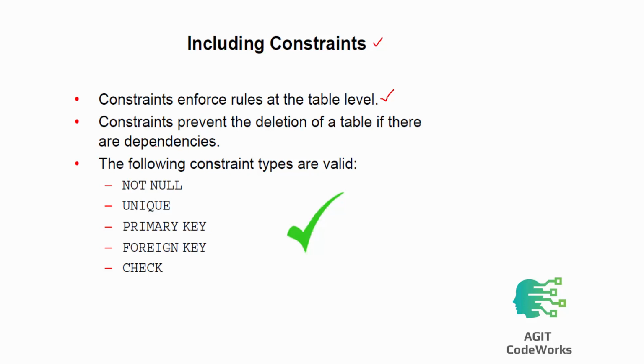All right, so constraints prevent the deletion of a table if there are dependencies. This is a very important one. Let's say this is our staff table, right? Let's just call it staff. Bear with me, I'm writing with a mouse, not so convenient. So this is our staff table, and then we have a second table here.